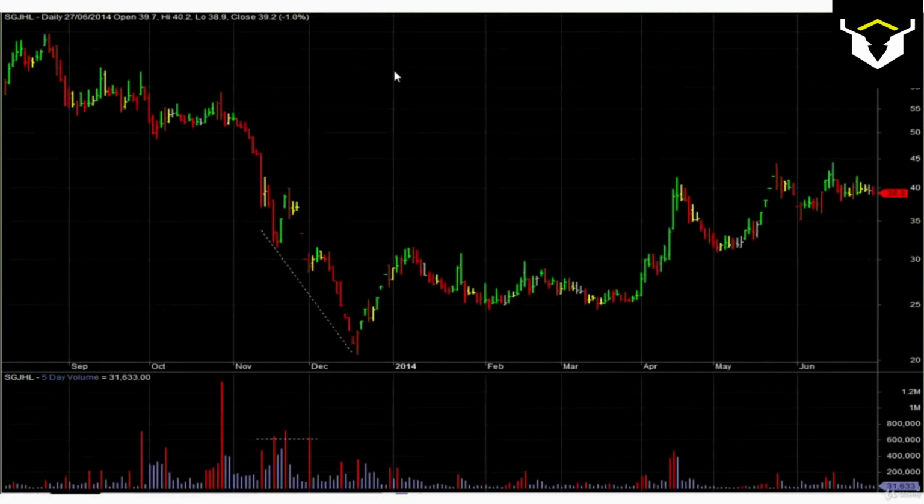Our next example is a daily chart of SGJHL, and where this line is marked, you can see before that prices were gradually falling on increasing volume, indicative of a progressive downtrend. But then prices started dropping suddenly.